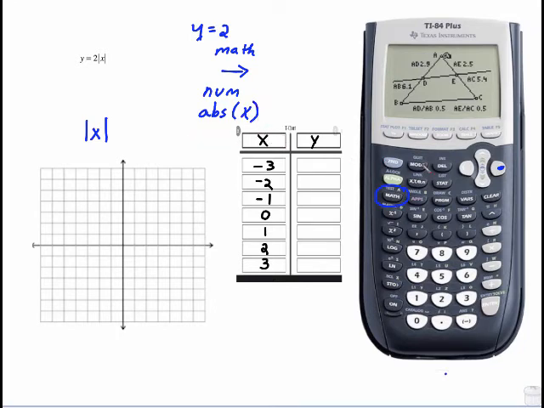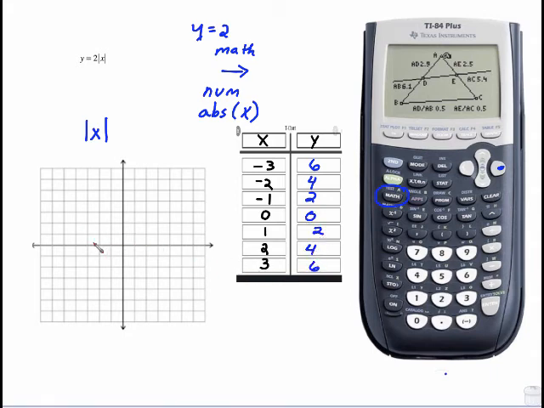You could do your graph to see what it looks like, and then you could hit second graph to see what the table is. So what happens table-wise, if you plug -3 in there, by hand you'd get 6, -2 gives you 4, -1 gives you 2, then 0, 2, 4, and +3 is also 6.